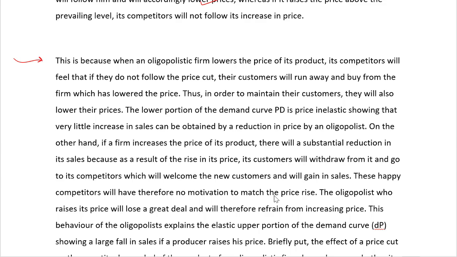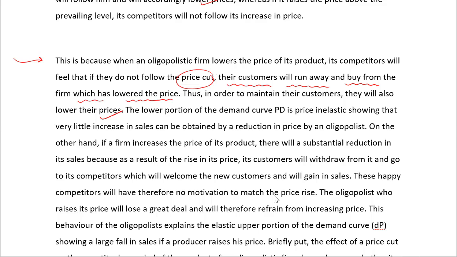This is because when an oligopolistic firm lowers the prices of the product, its competitors will feel that if they do not follow the price cut, their consumers will run away from them and buy from the firm which has lowered the prices. Thus, in order to remain in the competition and maintain their customers, they will also lower the prices.